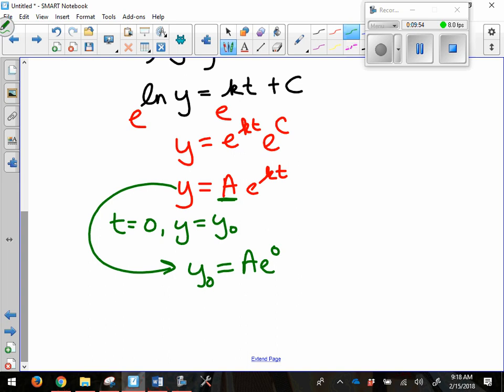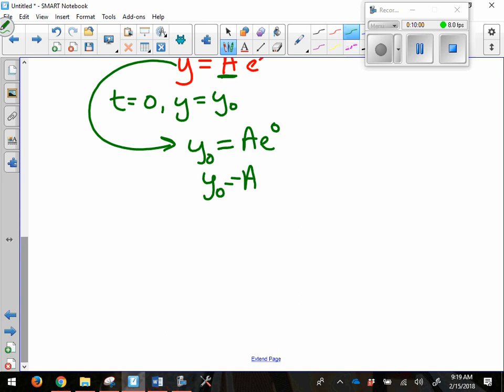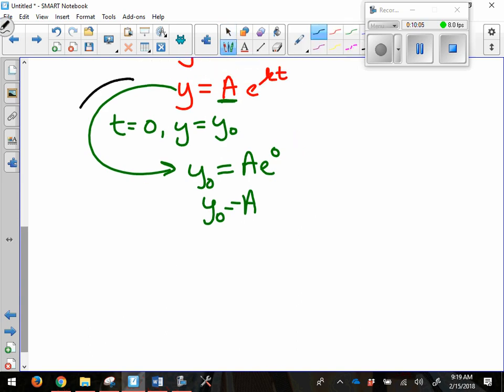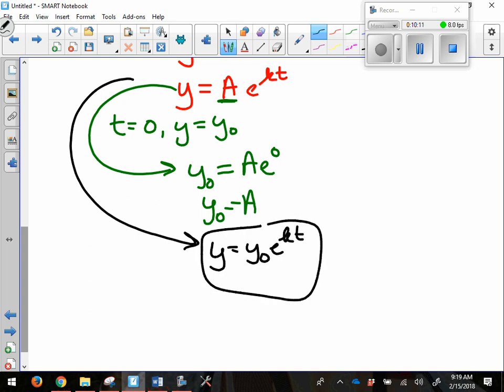What's e to the 0? 1. So that tells me that a is equal to y0. Or my formula is really y0 e to the kt, which is what the law of exponential change says.